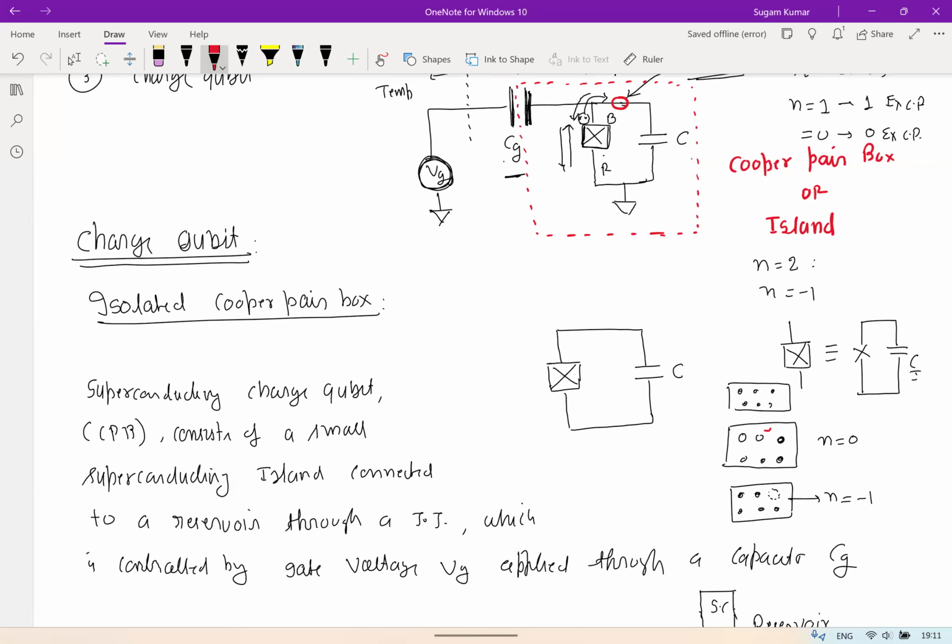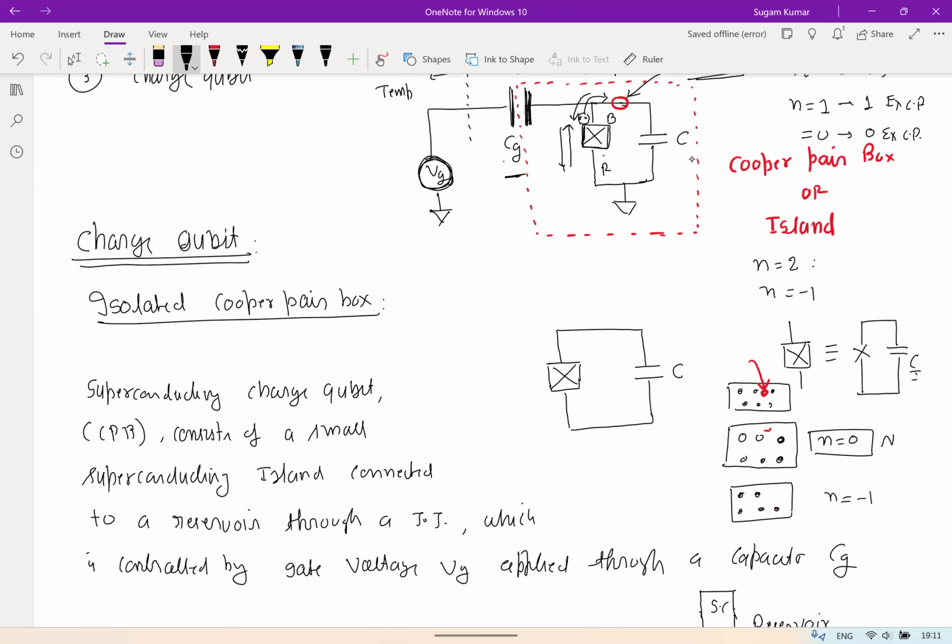Sir, it is like an electron hole. No, no, it's not a hole here. Initially there were total 6 Cooper pairs, and when there are 6 Cooper pairs, I call it the N equals 0 state, with no excess Cooper pair.